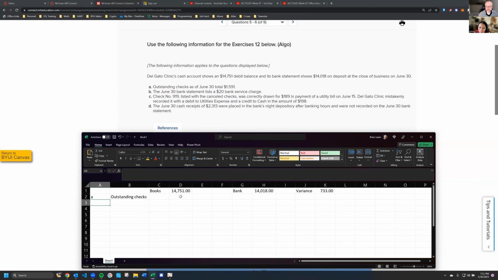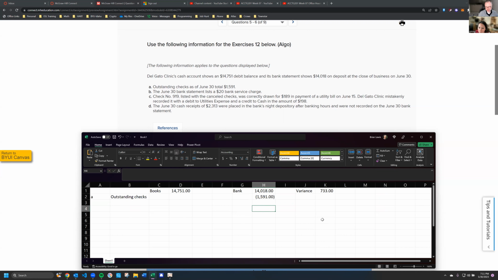Outstanding checks would be an amount that you reduce the bank balance by, because it's showing up on the books but hasn't shown up on the bank yet. So this would be 1591 as a reduction in the balance.